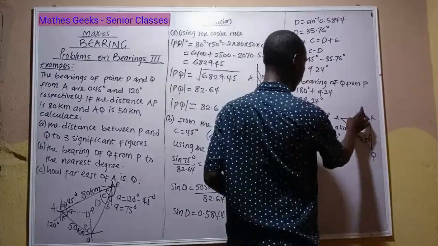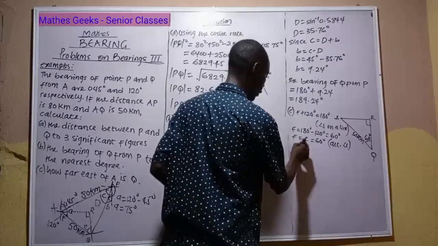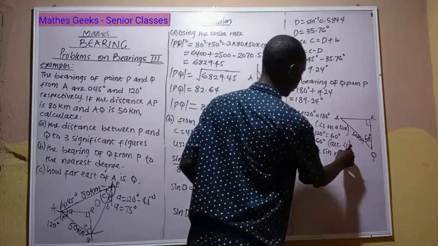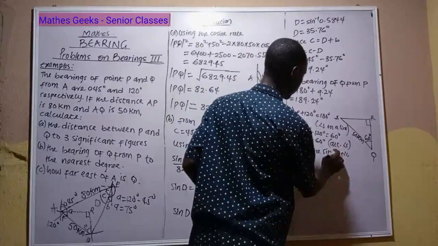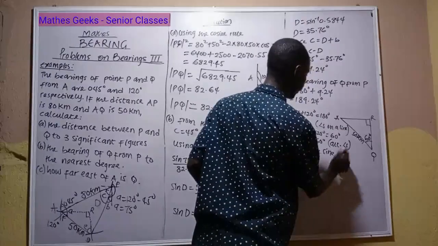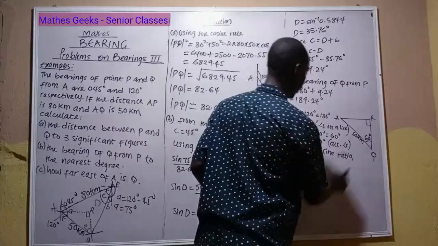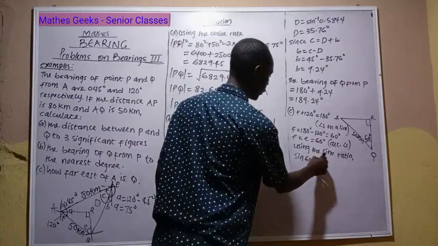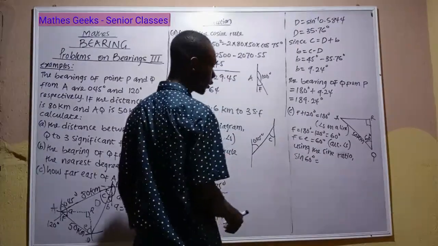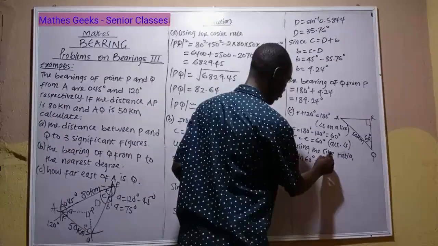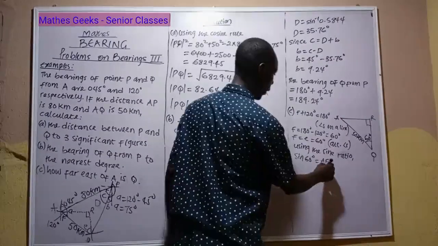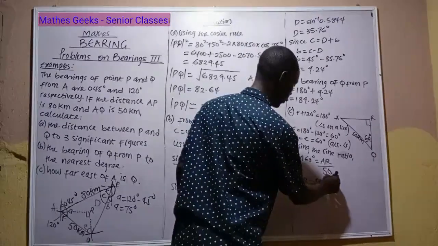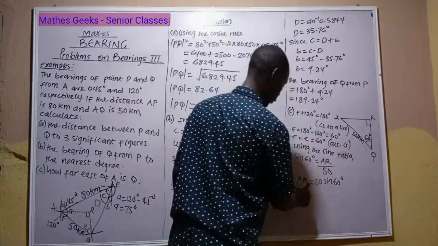So opposite over hypotenuse is what? Sine. So using the sine ratio, sine 60 degrees is equal to opposite, which is AR, over 50, and AR is equal to 50 sine 60 degrees.